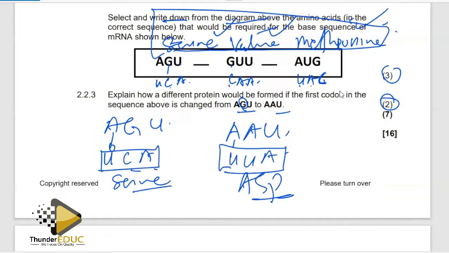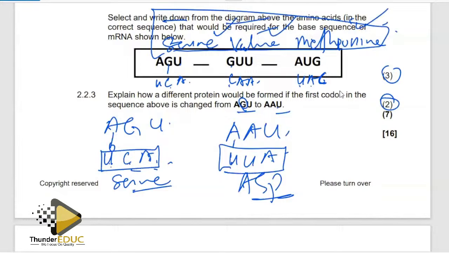The second base changed from C to A. You understand? Which resulted in UAA instead of UCA, and a different amino acid is formed.